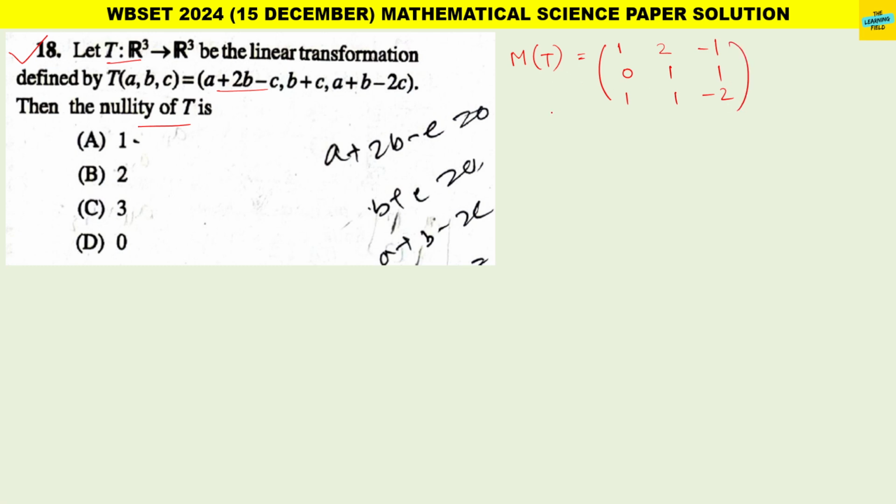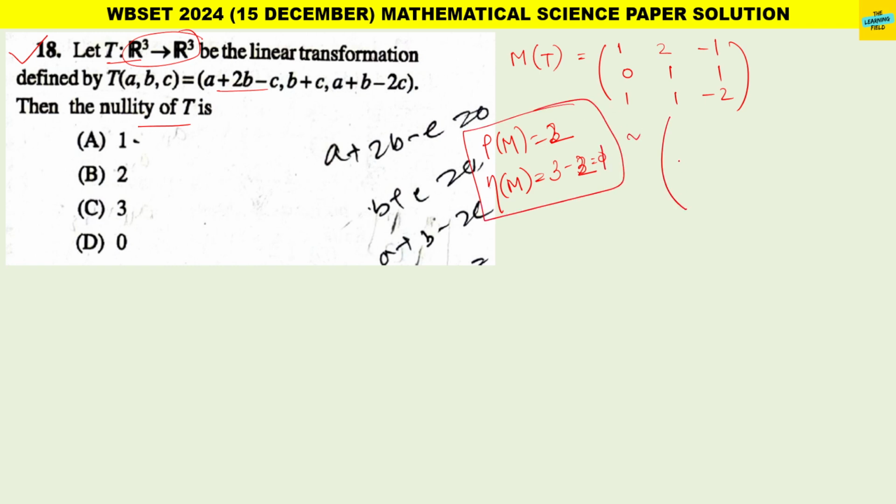Now we find the rank of this matrix. If the matrix has full rank, that is, if rank of M is equal to 3, then the nullity of M is 3 minus 3, which is equal to 0. And if we get rank 2, then nullity is 3 minus 2, which is equal to 1. This is the concept used here.